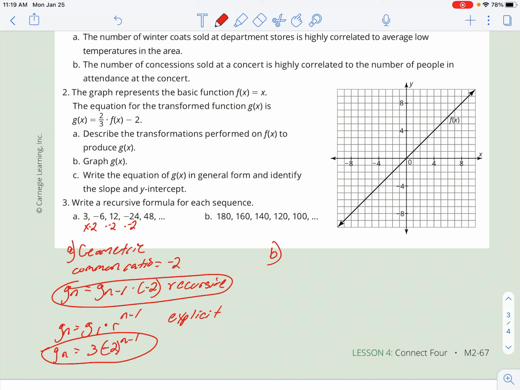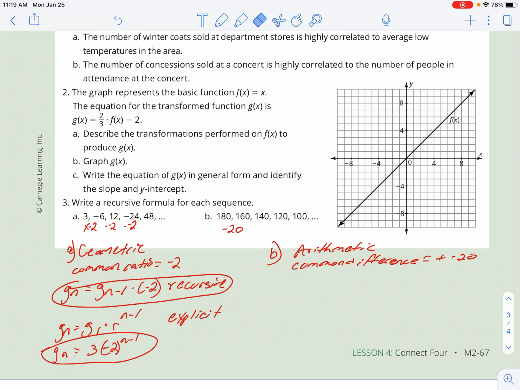Same thing's happening in letter B. From 180 to 160, 140, I'm subtracting 20. So what that means is we have an arithmetic sequence, and then we have a common difference, which in this case is adding a -20.